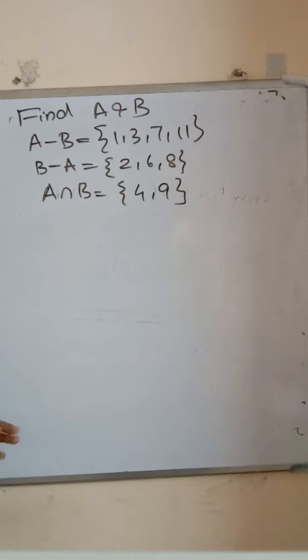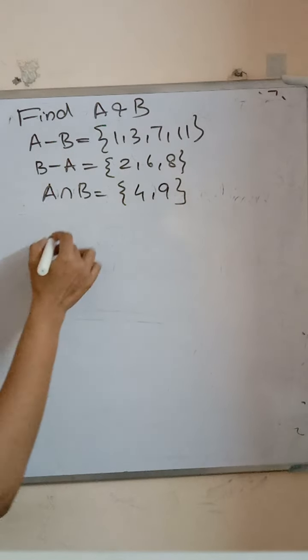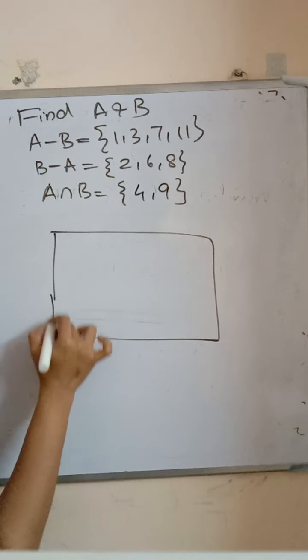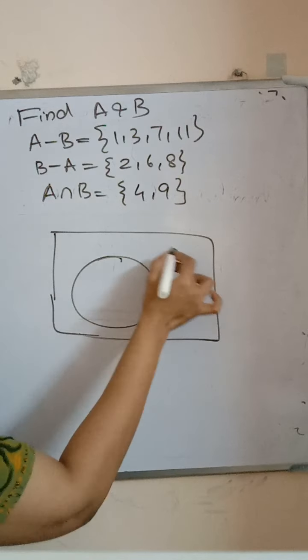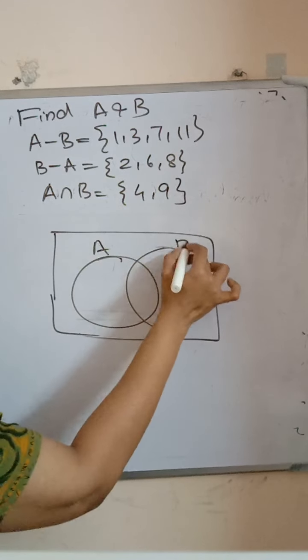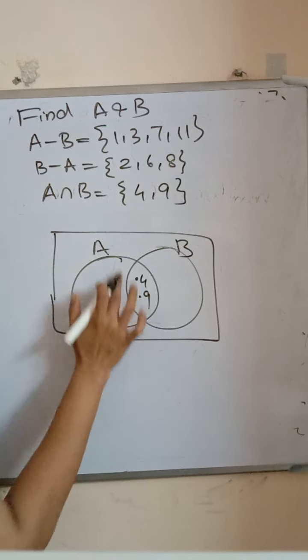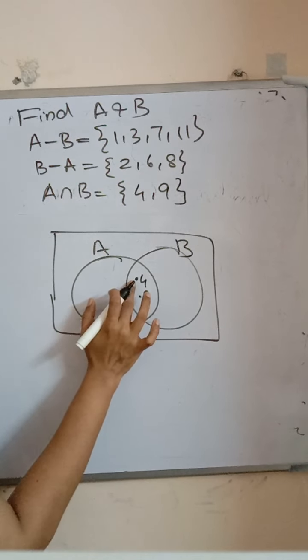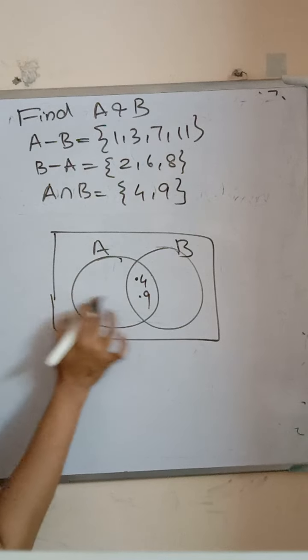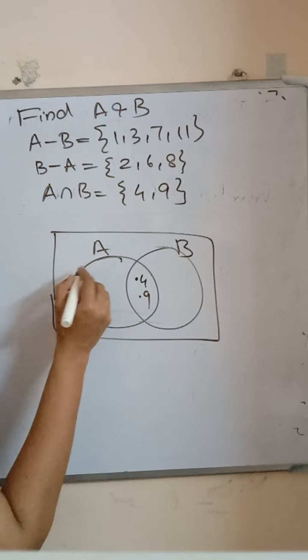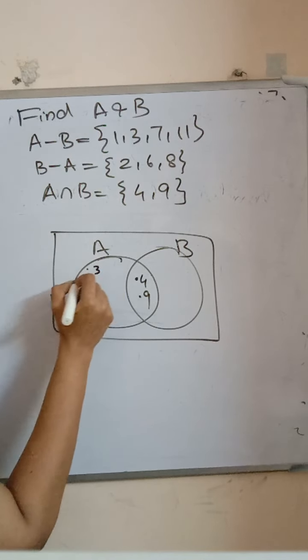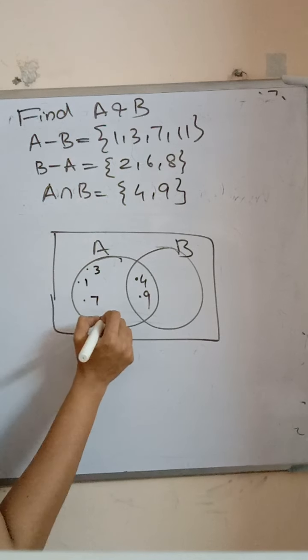Using a Venn diagram, it is very easy. Draw a Venn diagram of A and B. A intersection B is 4, 9. Therefore, in this portion we mark 4 and 9. A difference B is this portion, here it is 1, 3, 7, 11.